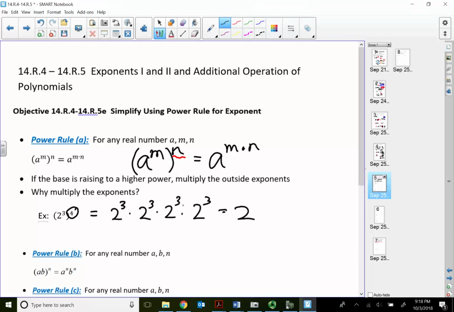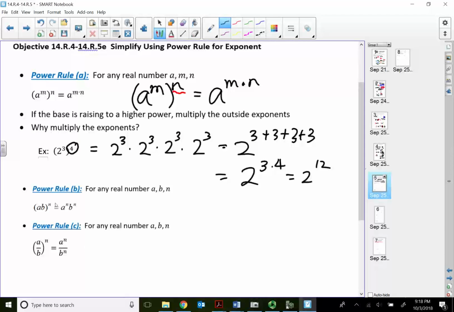So 3 plus 3 plus 3 plus 3, 3 added to itself 4 times, is also equivalent to 3 times 4, which is the 12th power. That's the reason why the easiest way is to multiply the exponent.